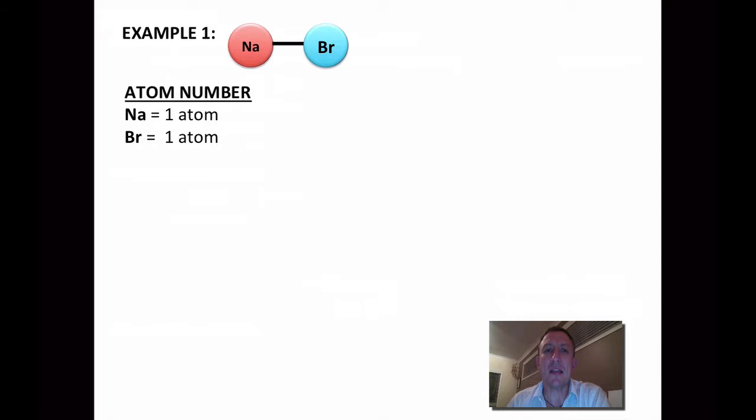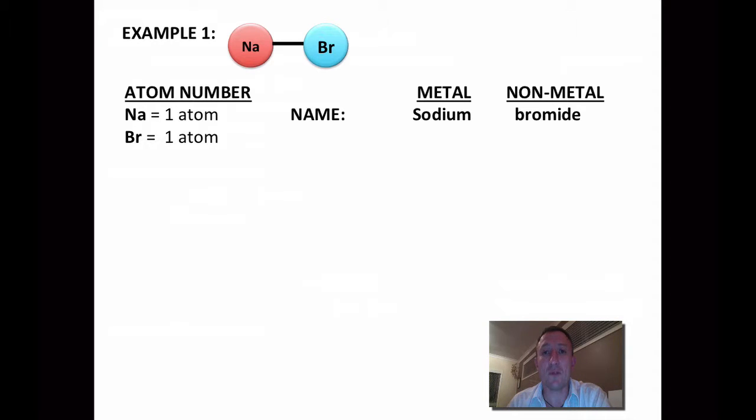So when we're naming this, we put the metal first, sodium, followed by the non-metal, bromide, again remembering that the bromine has to change to bromide. Now the formula just mirrors what we've written. Where we write sodium, we write the symbol Na. Where we've written bromide, we write the symbol Br.